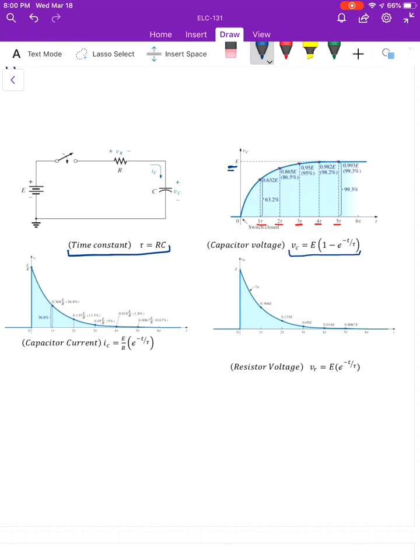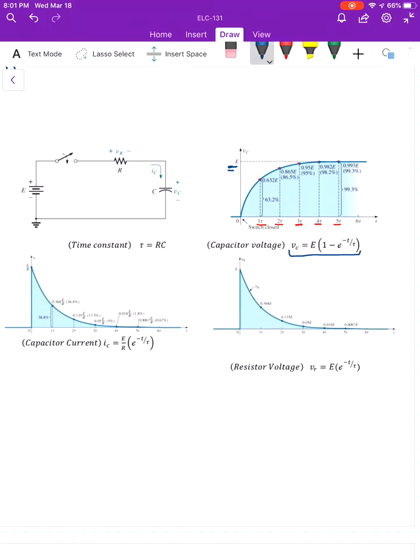Because remember, the current is just the flow rate of those electrons. So if we want to charge that capacitor a little bit more slowly, we would want to slow down that current so that the electrons don't get there quite as quickly. So that is why our time constant is dependent upon those two things.